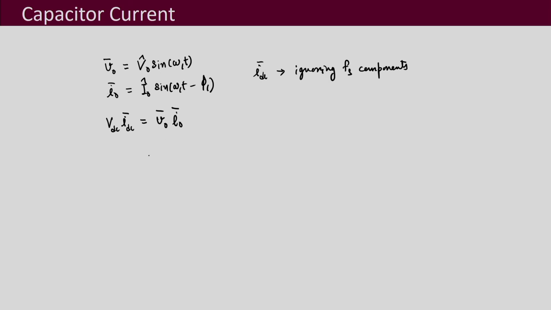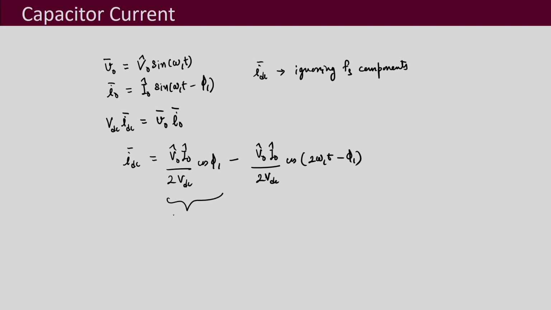So, when you substitute this and then solve it, what you will be getting is IDC bar = (VO hat IO hat)/(2 VDC) cos(phi 1) minus (VO hat IO hat)/(2 VDC) cos(2 omega 1 t minus phi 1).